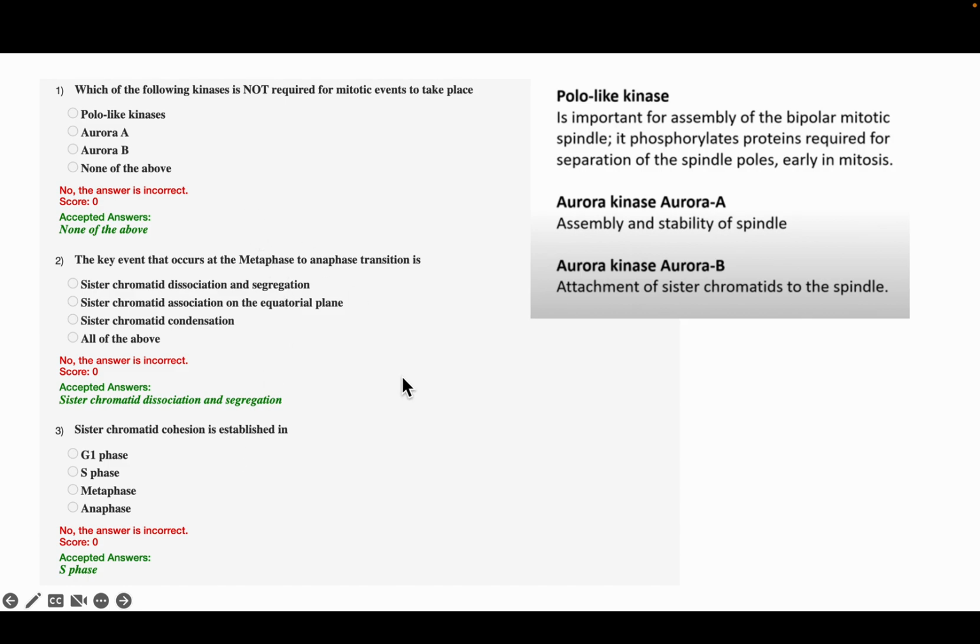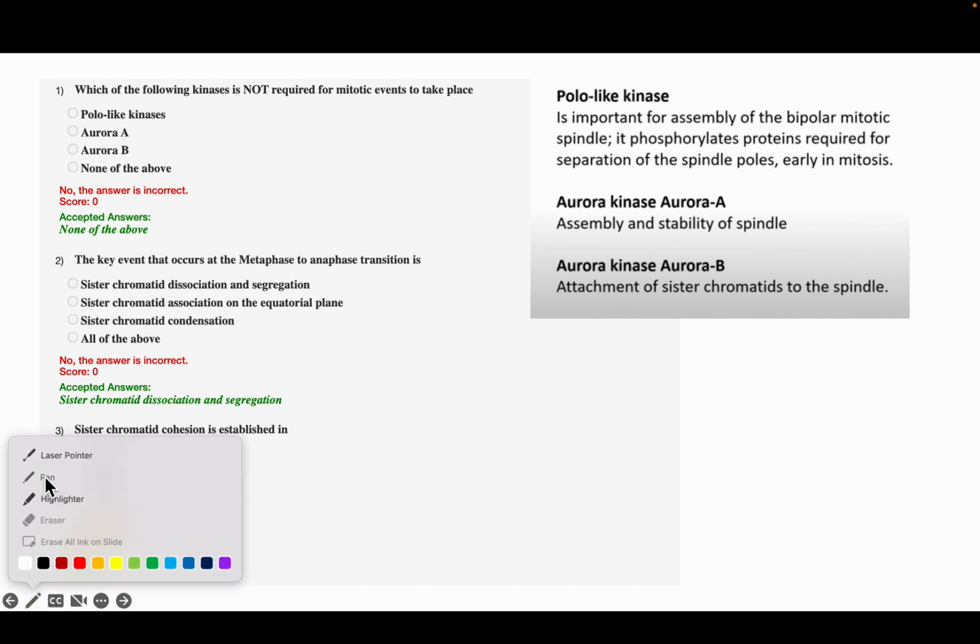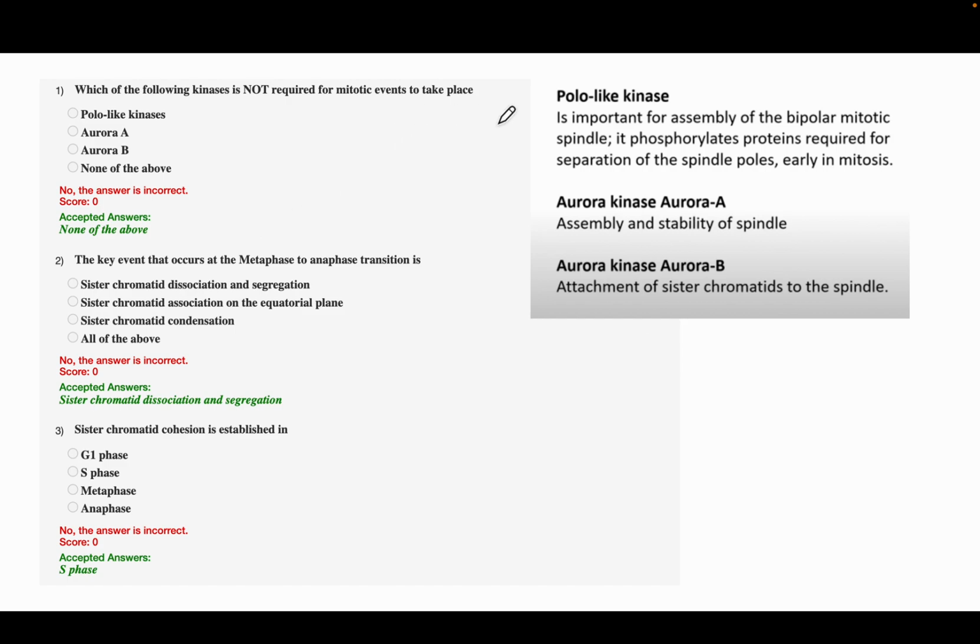So the first question was, which of the following kinases is not required for mitotic events to take place? When we discuss different kinases which are required for mitotic events, we will see that there are different kinases like polo-like kinase that helps in assembly of the bipolar mitotic spindles.